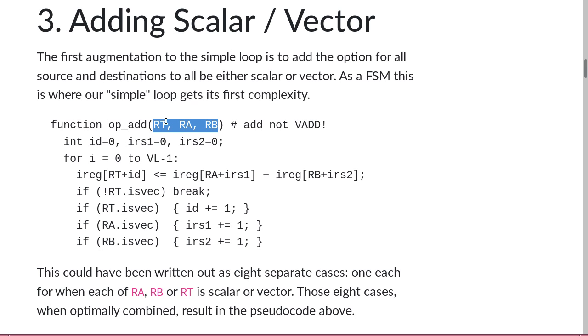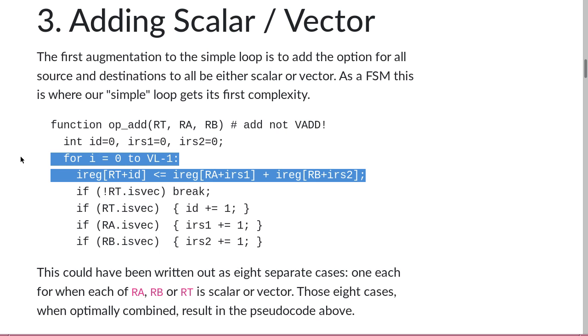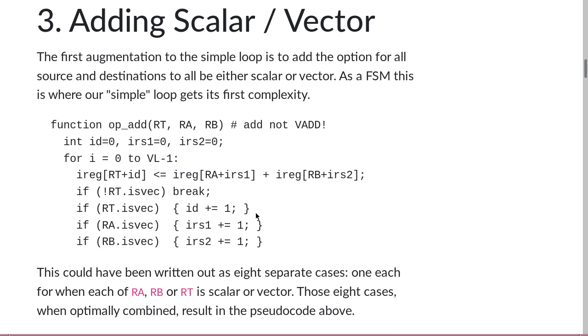So RT has an is-vector, yes or no, RA has an is-vector, yes or no, and RB has an is-vector, yes or no. And that simple loop, which previously was just GPR RT plus i, becomes GPR RT plus i, GPR RA plus i, GPR RB plus i. We have three separate indices, one for RT, one for RA, and one for RB, and we increment them independently depending on whether they're vectorized or not.